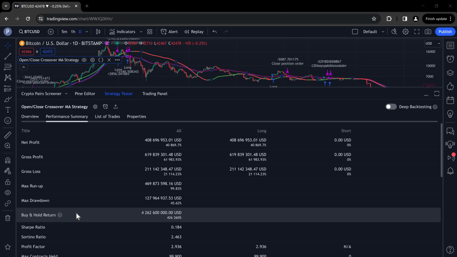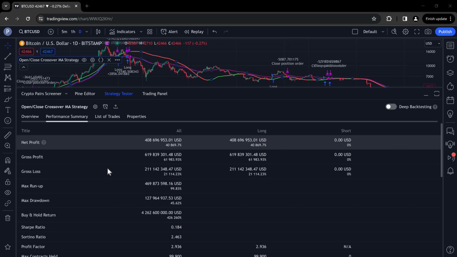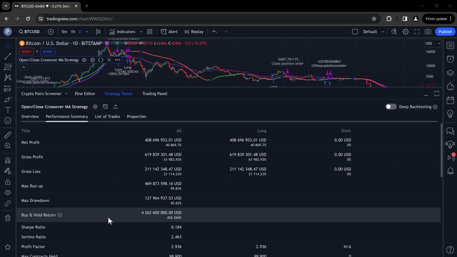Second, buy and hold return, because you're always going to be interested to compare your net profit with buy and hold return. Is it bigger or is it less? Usually, whenever it's less, the strategy could be less attractive, less likely acceptable.